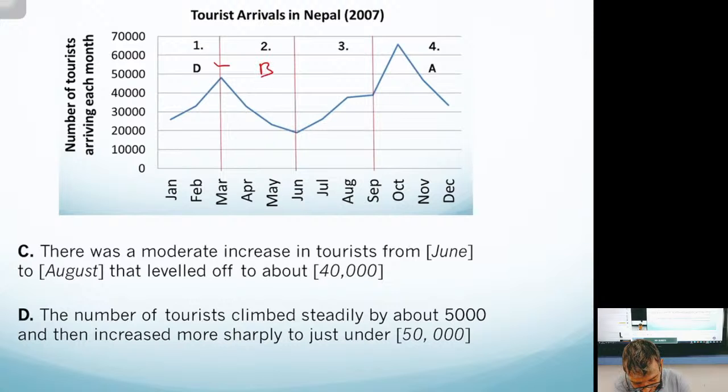Sorry about this. You know D already. C. There was a moderate increase in tourists from June. So a moderate increase from June to August. That leveled off to about 40,000.